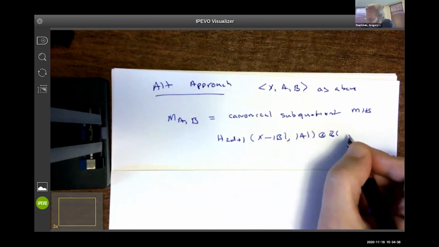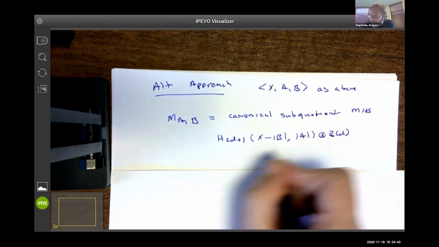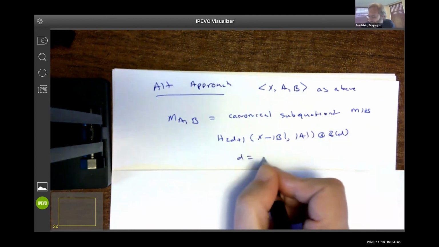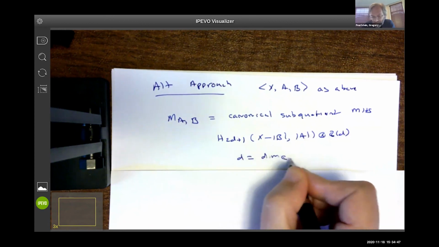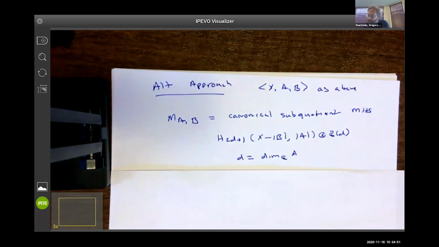So it has weights 0, minus 1, and minus 2. And here d is the complex dimension of A.